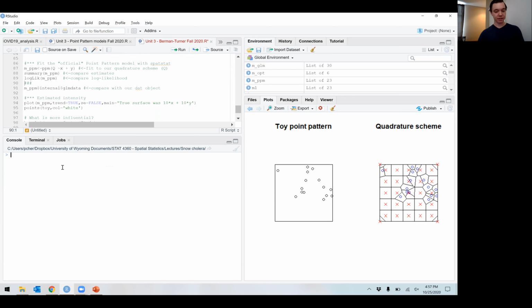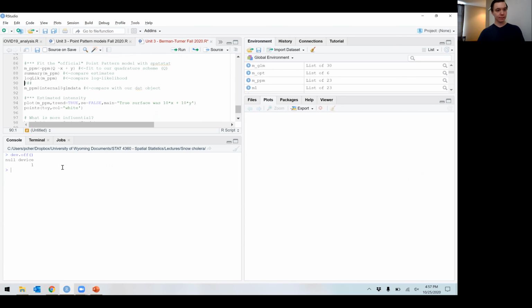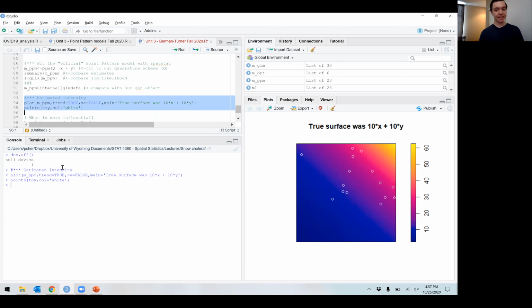We'll be using this a lot more in the future, but it's time for me to wrap this up. Here is my estimated intensity plot with my observed points overlaid. So the interesting bit here, again, is you can't take your observed data's points too closely as the truth.